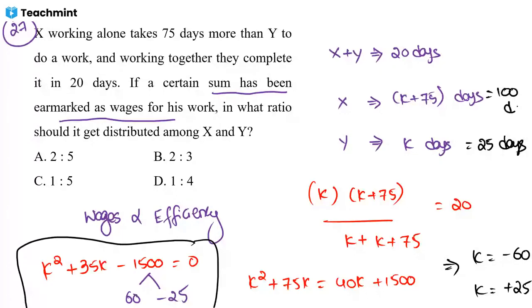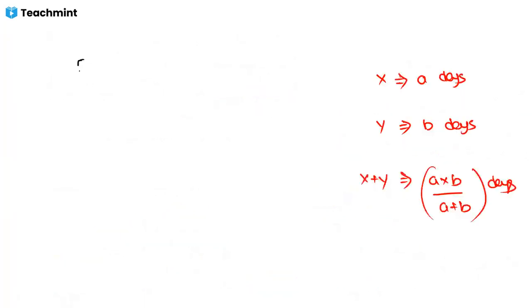Now, sir, how to know about efficiency? Don't worry. Efficiency is inversely proportional to time. If you are more efficient, then the time taken will be less. So the efficiency of X and Y is inversely proportional to timing.